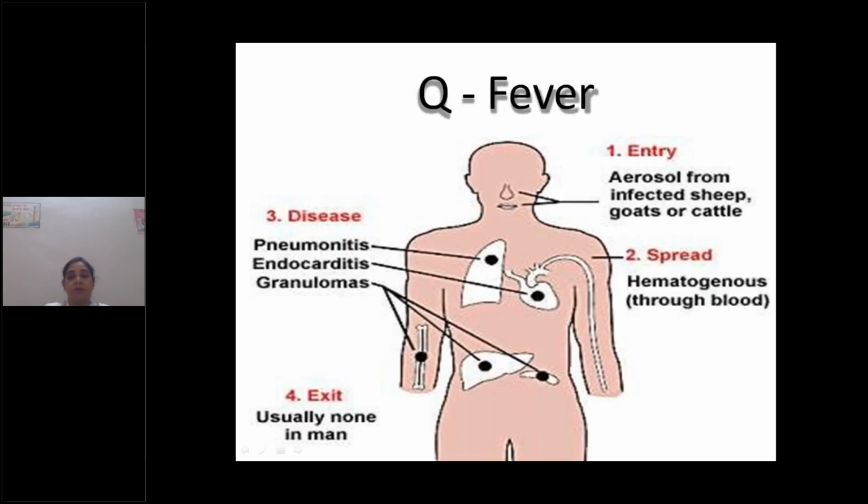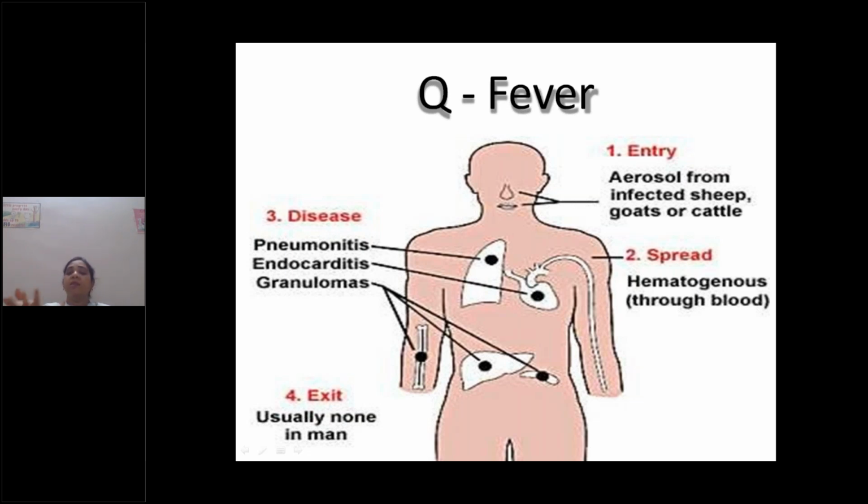Q fever: how do they enter? They do not enter by any bites, but entry takes place by inhalation of infected aerosols from infected sheep and cattle.